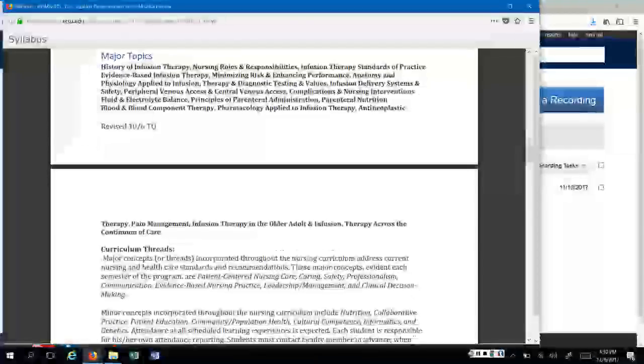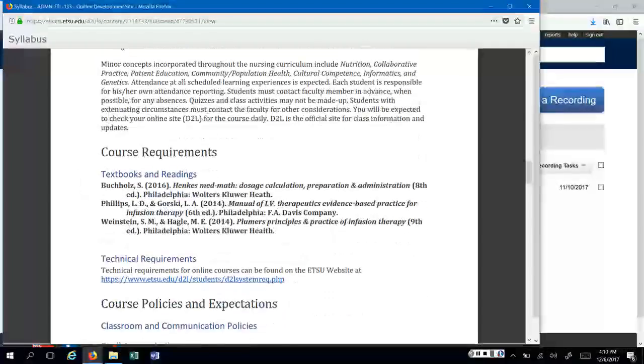Major topics, you can read those for yourself, as well as the curriculum threads.